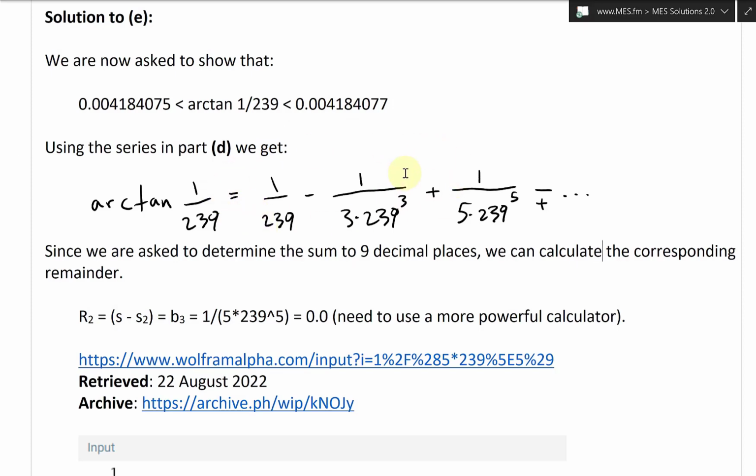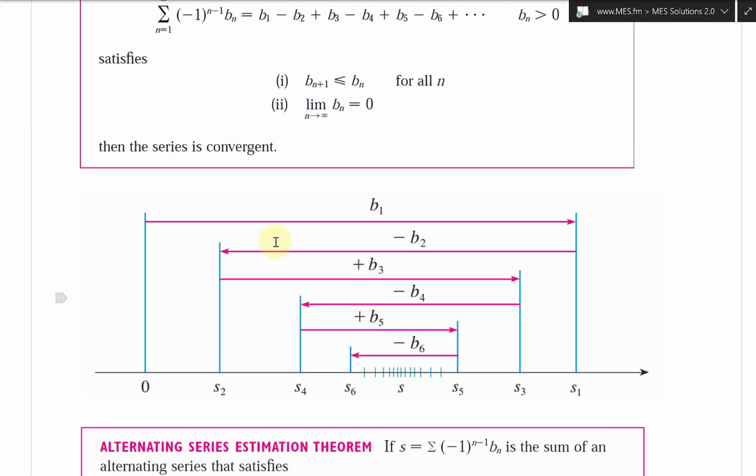We use the absolute value because it could be negative. The absolute value of S minus S2 is equal to B3, the next term afterwards.